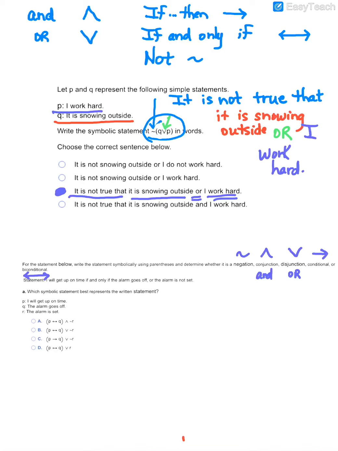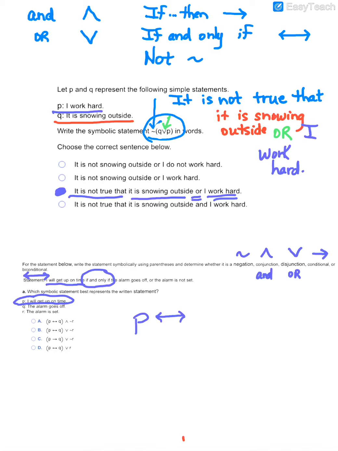Okay, so in words, it says, "I will get up on time." Notice that they've told us P represents the statement, "I will get up on time." So we're starting with a P. And then it says, "if and only if." Well, if and only if is my double arrow.